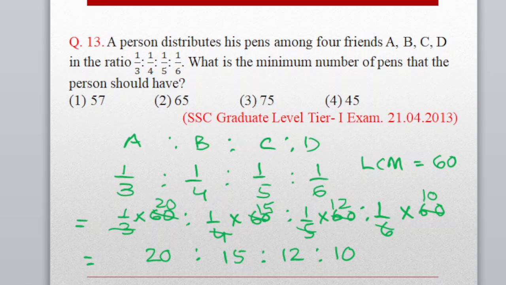If each friend is given their respective values, then that is the minimum number of pens. So the minimum number of pens is 20 plus 15 plus 12 plus 10, that is equal to 57. So that means here option 1 is the right answer. Now next question, that is question number 14.